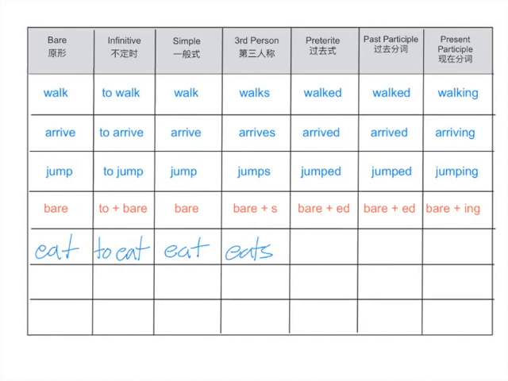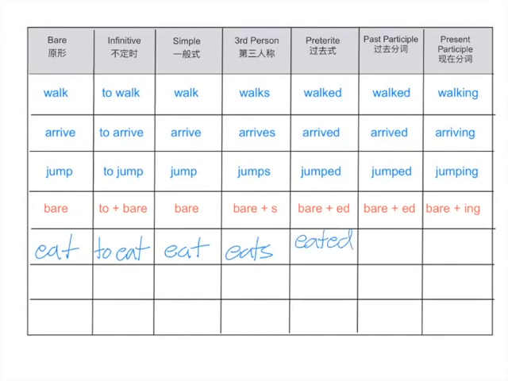But now it's going to begin to diverge. So if eat was a regular verb, the preterite form would be eated, right? That's the rule.